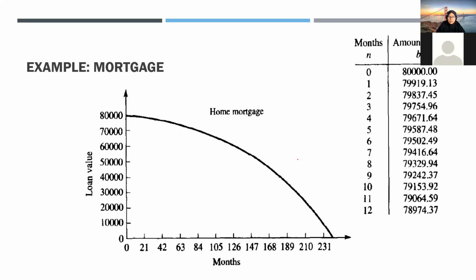Okay, and you can see that after berapa tadi? 240 kan? 240 bulan, this is the month, then the value is going to be 0. This is no hutang or debt.